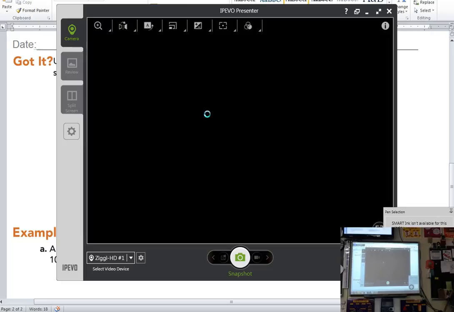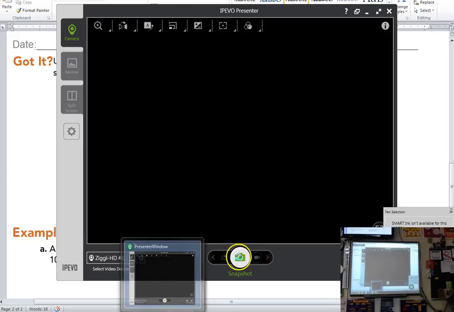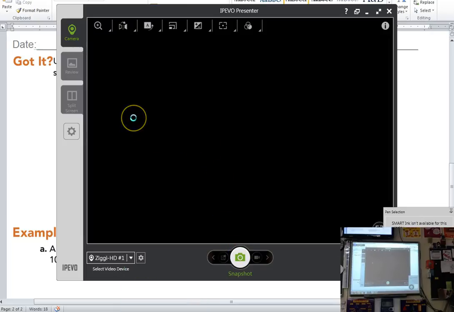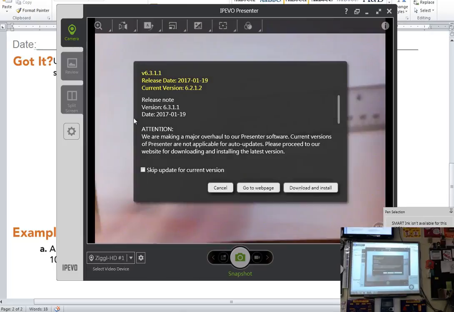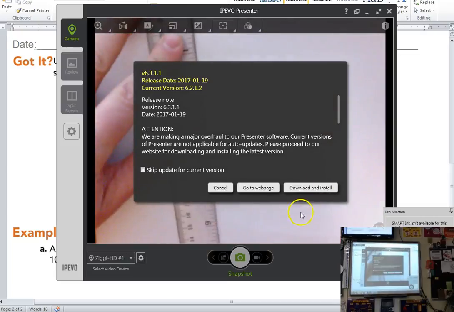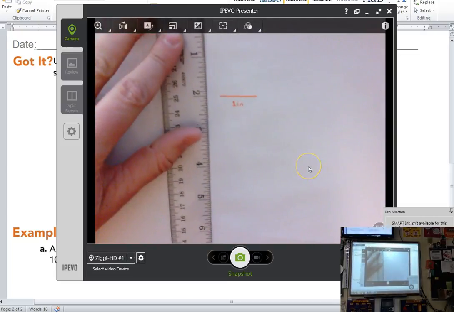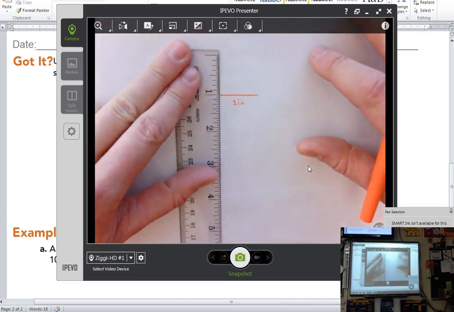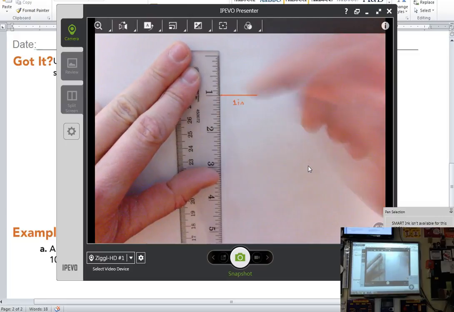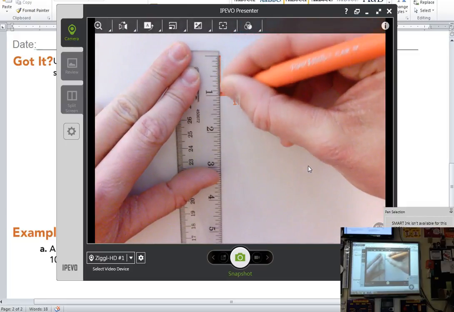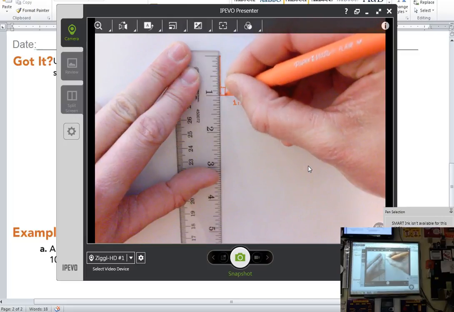So, if this loads. So I've got my 1-inch and my 1-inch. I made a right angle.